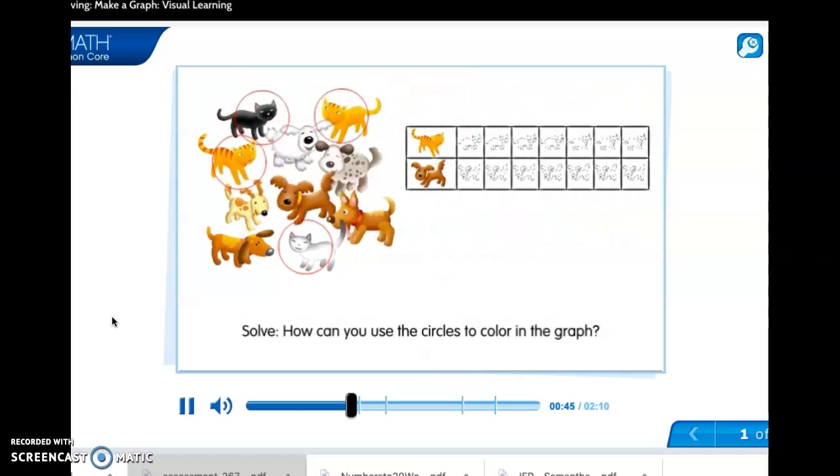Solve. How can you use the circles to color in the graph? Color in one cat on the graph for each circled cat. How can you use the circles to find how many dogs?